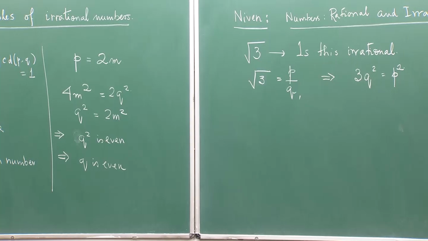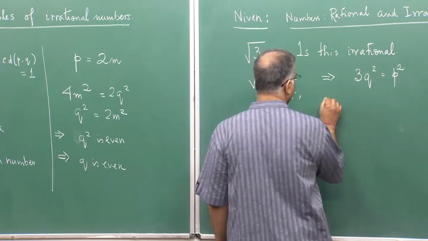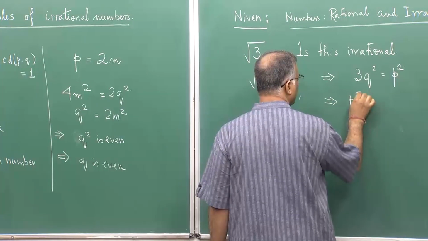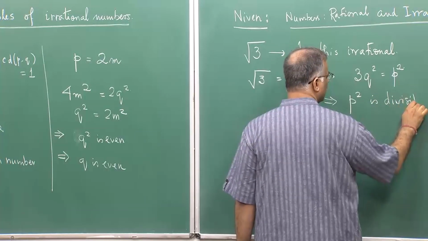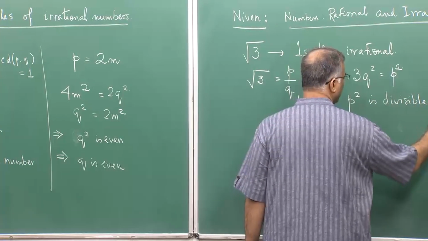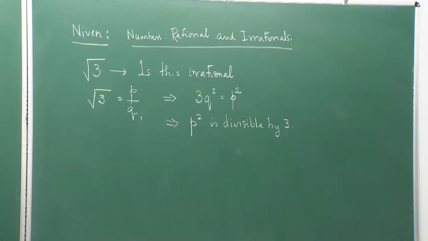So, what it simply means is that P square is divisible by 3.